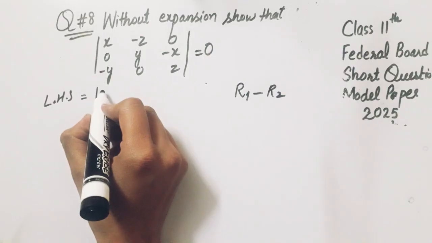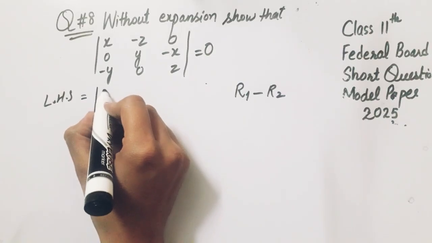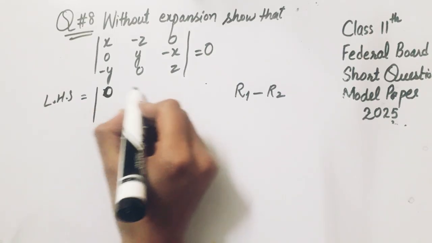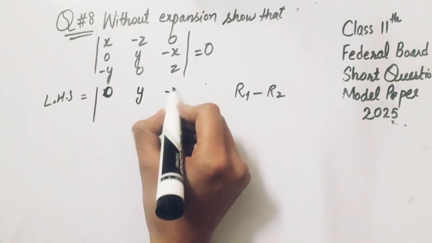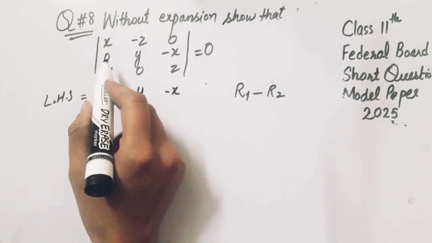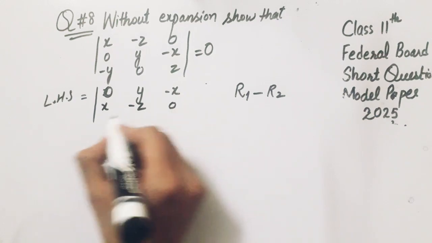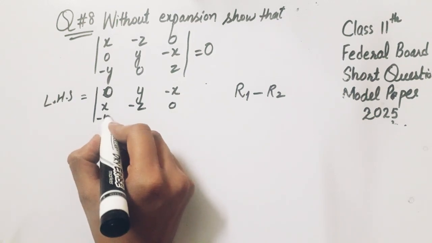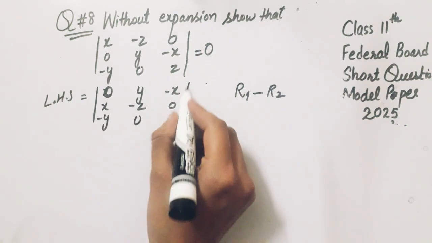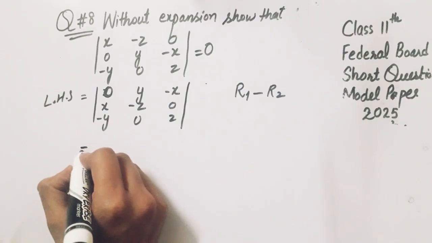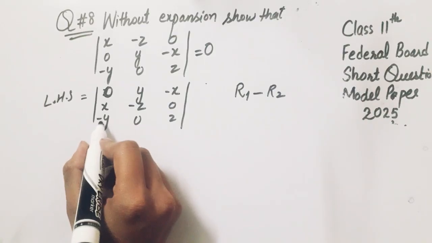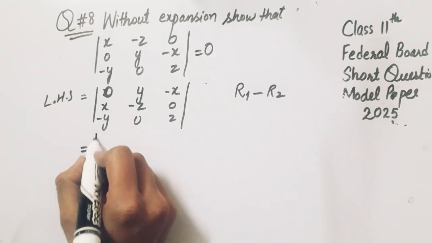So this will become 0, y, minus x, and x, minus z, 0, minus y, 0, z. In the next step, you will interchange R2 and R3.